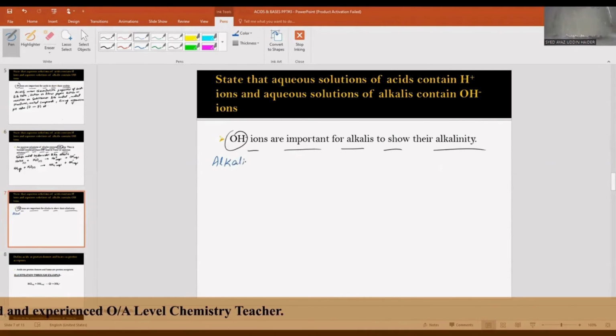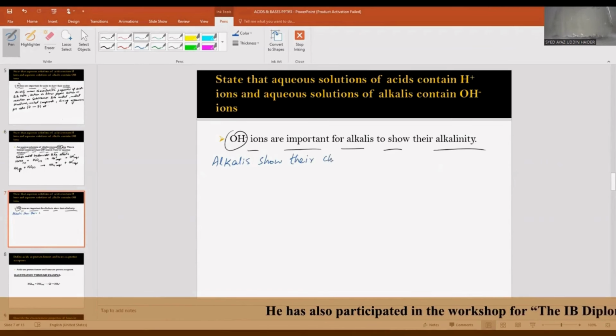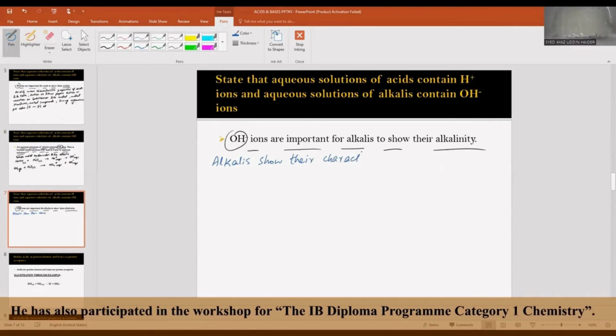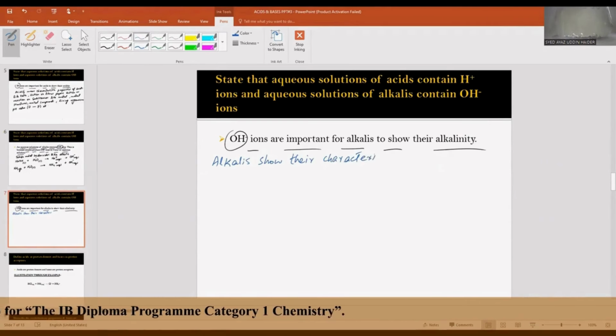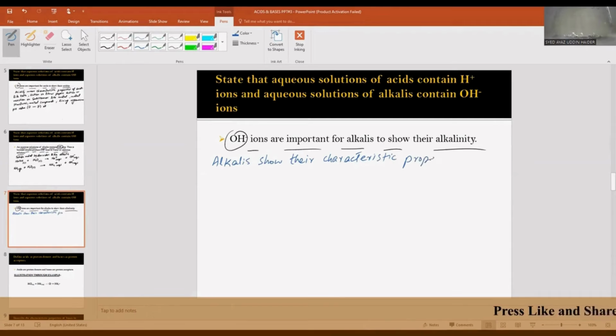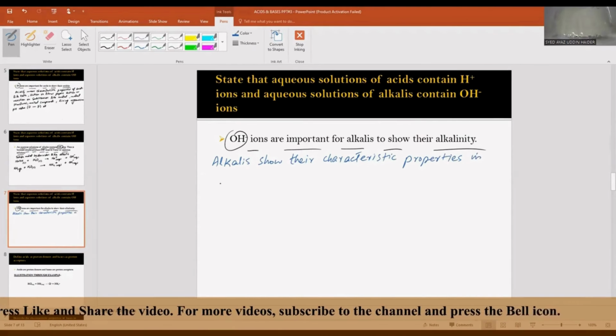Alkalis show their characteristic properties in water.